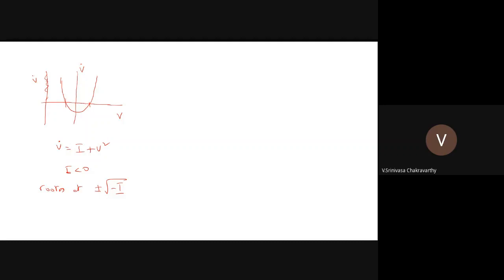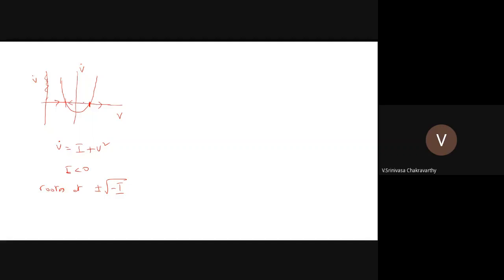So if V is greater than this, V dot is positive, so it will keep on going to infinity. Similarly, on this side also, V increases, so V dot is positive here. On this side, V dot is negative.